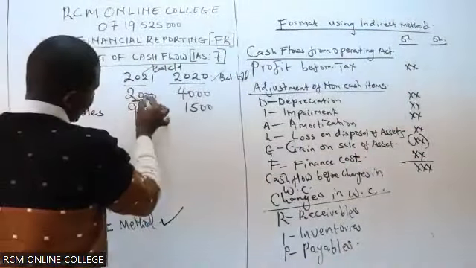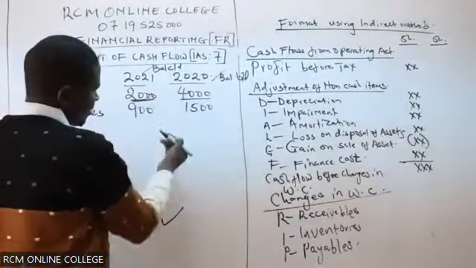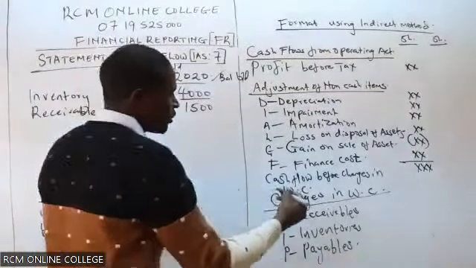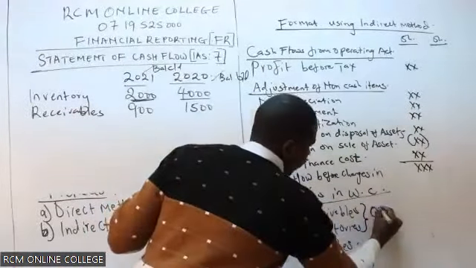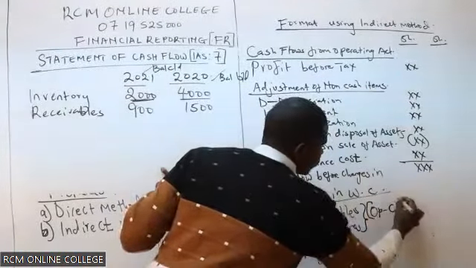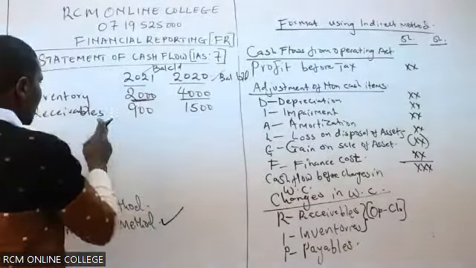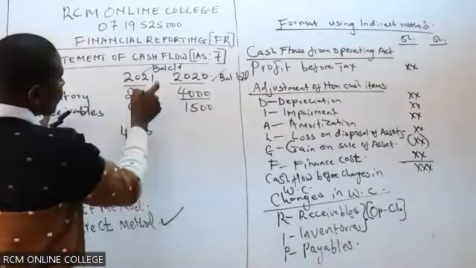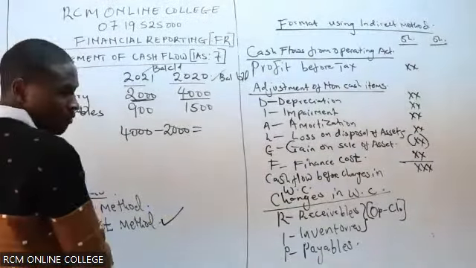If you look at the current year and the previous year, you shall be using a very nice format: take the opening minus the closing, and whatever you get, whether it's negative, you just place it there the way it is. For example, let's check the inventory. The opening was 4,000, then we subtract the closing of 2,000. So what did these people do? They sold.